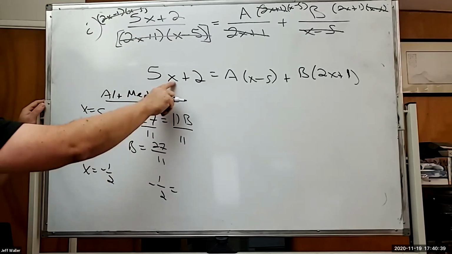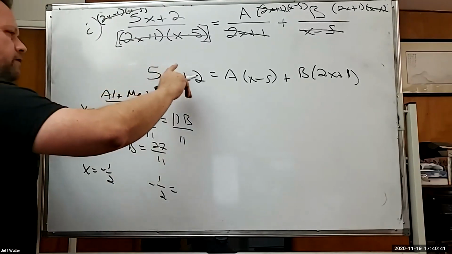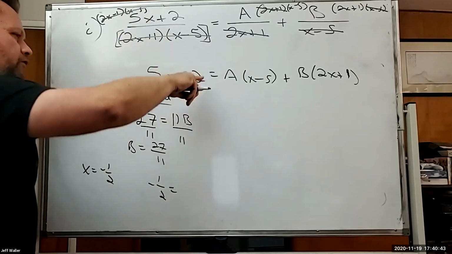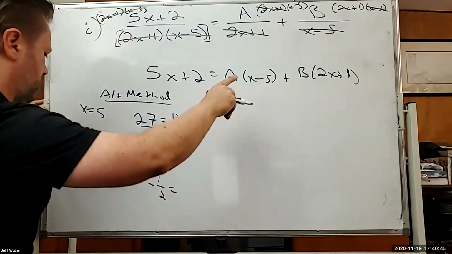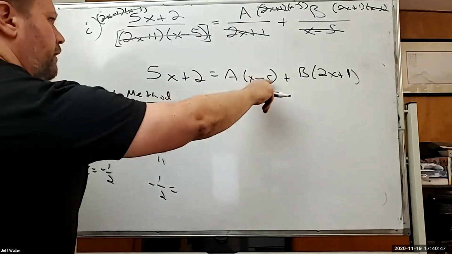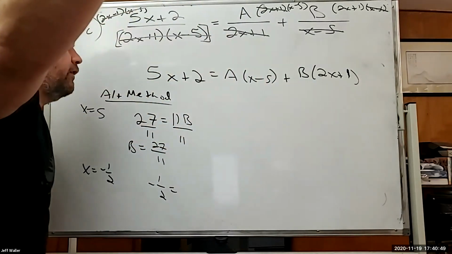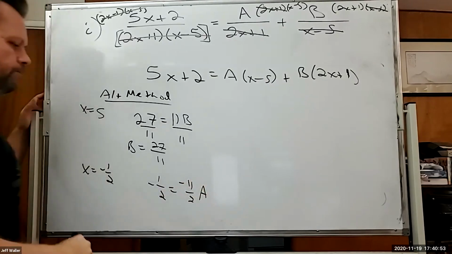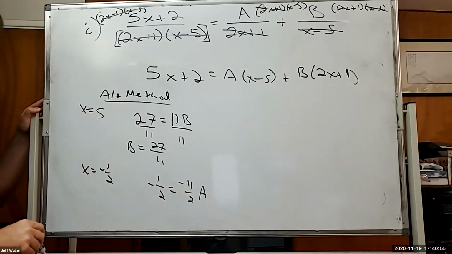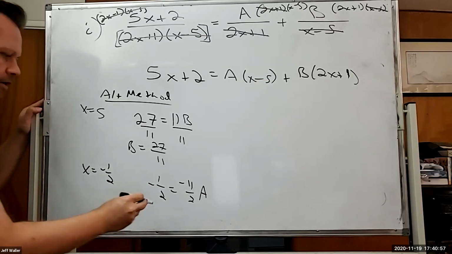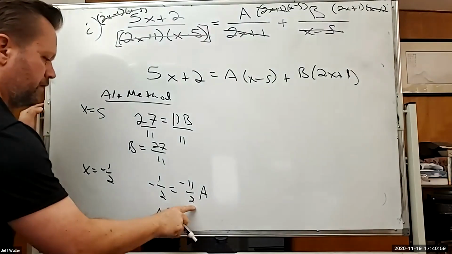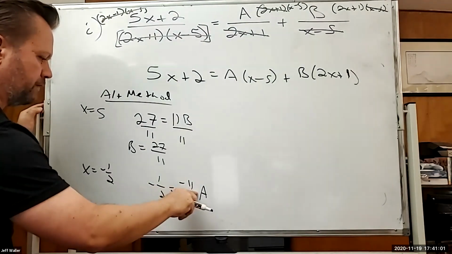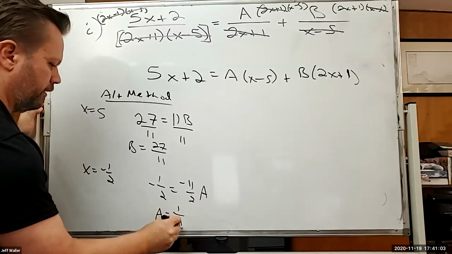So if you plug a -1/2 in, -5/2 plus 4/2 is -1/2. I like it so far. Good job. -1/2 minus 5 is -11/2, I think. So then you get a equals, the 2's cancel, the negatives cancel, divide by 11, I get 1/11.